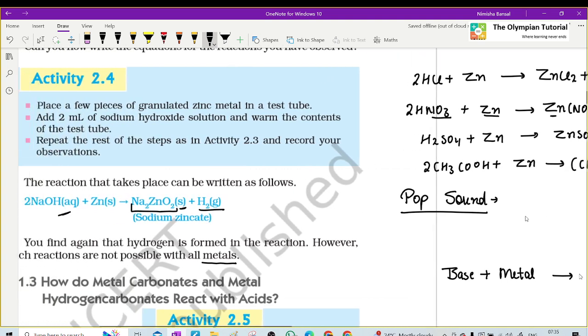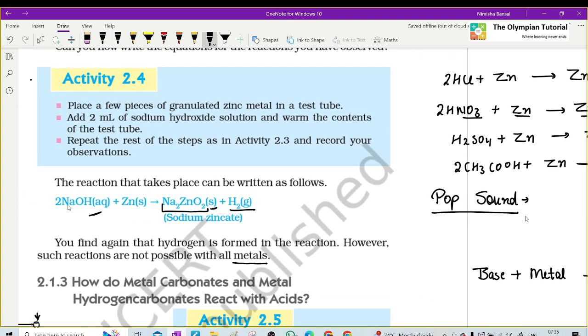And you have to give this reaction also. Such reactions are not possible with all metals.